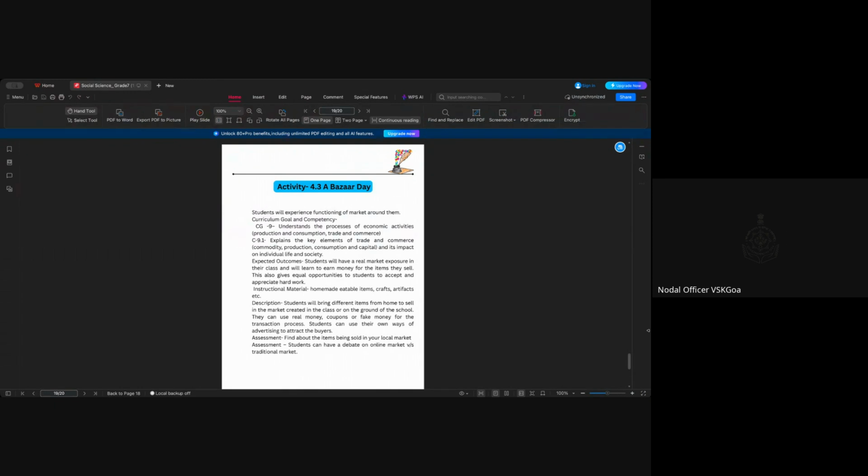How are they going to advertise their product? A teacher can also, in the form of assessment, ask the students to find out about the items being sold in their local market. So let the child find out what are the different items available locally to them.